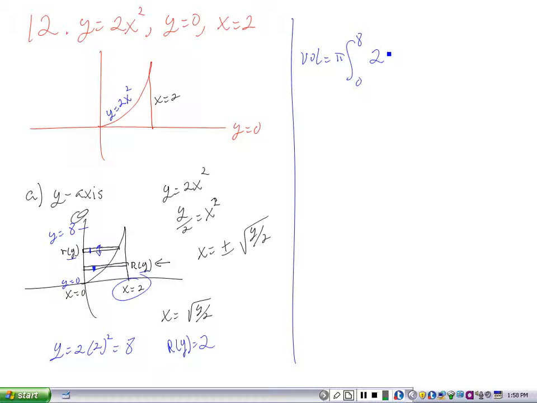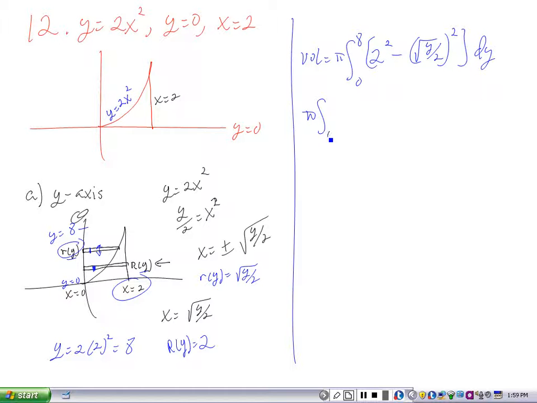So this is 2 squared minus little r of y, and little r of y is just the curve, this guy right here, and that's no more than just the square root of y over 2. So this is minus the square root of y over 2 to be squared, all that dy.